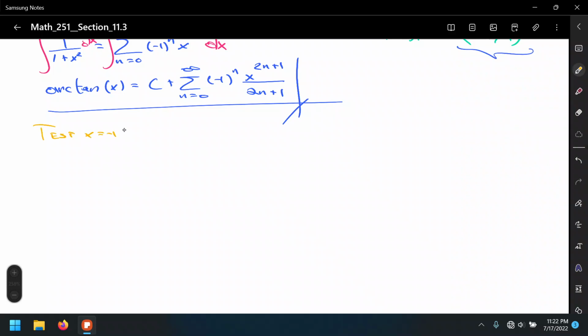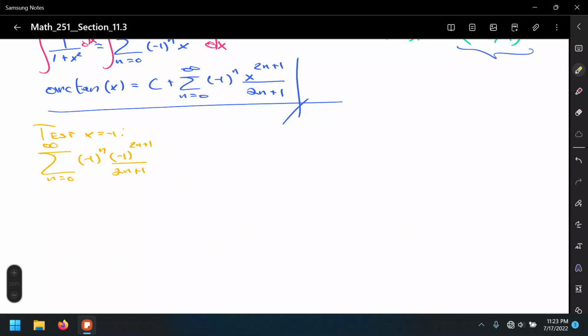In this case, I'm going to test x equals -1. So that's going to be sigma n equals 0 to infinity of (-1)^n times (-1)^(2n+1) over 2n+1. Notice I don't need to write the c, that's fine. So what's going to happen here?